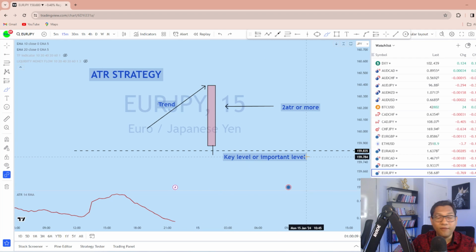Now this key level or important level can be anything that I will show you on the chart. It could be a very important daily or monthly support or resistance, a very important moving average, or anything that you put on the chart that you consider an area of value.